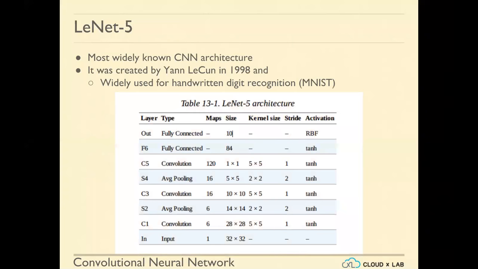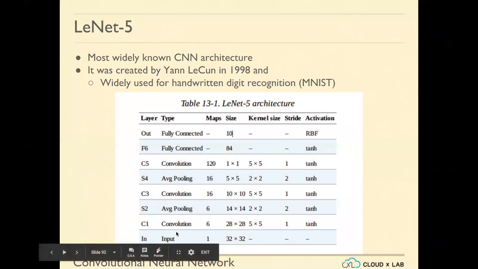A question from Bidda is, there are so many kinds of layers in the table. Let me go over the layers again. The first one is the input layer that we all know.